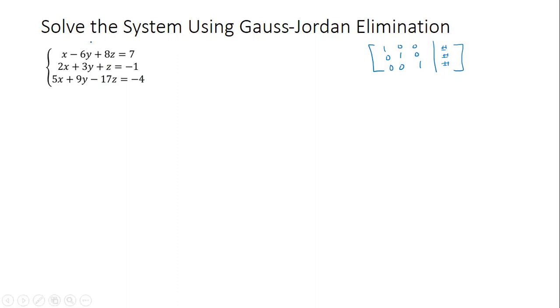We begin by writing the augmented matrix that consists of the coefficients of each of the variables on the left and the constant terms. So our first row would have 1, negative 6, 8, 7. The second row is 2, 3, 1, negative 1. Then 5, 9, negative 17, and negative 4.